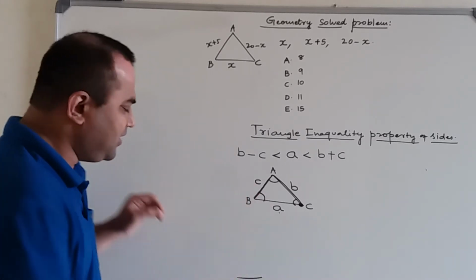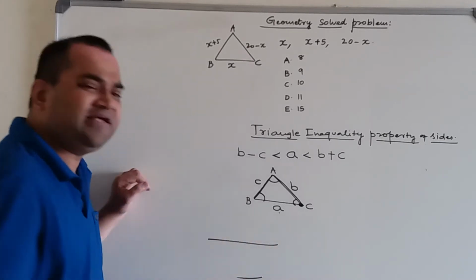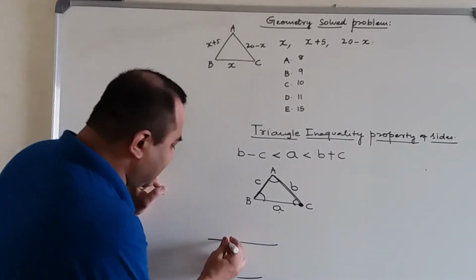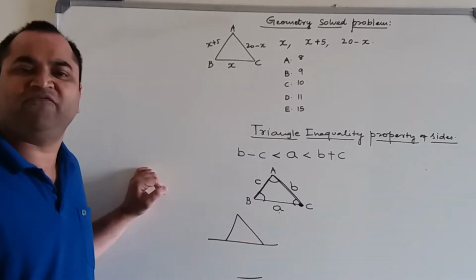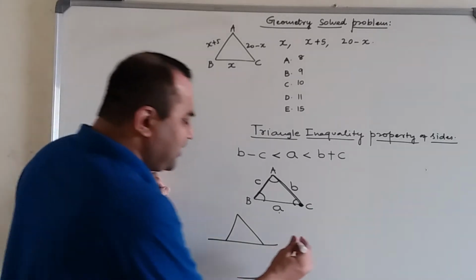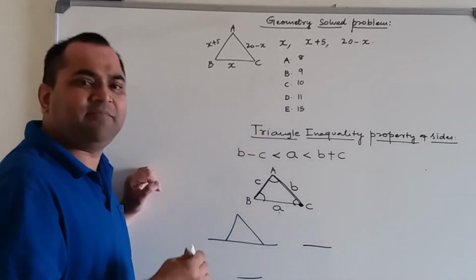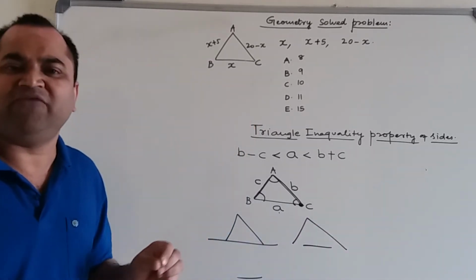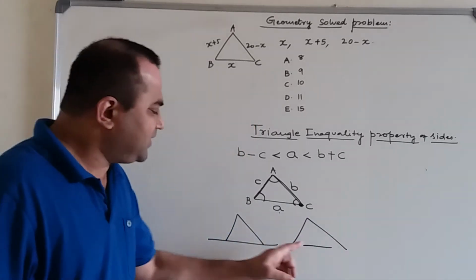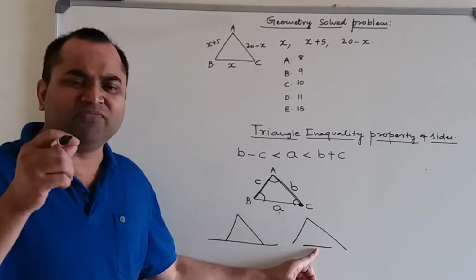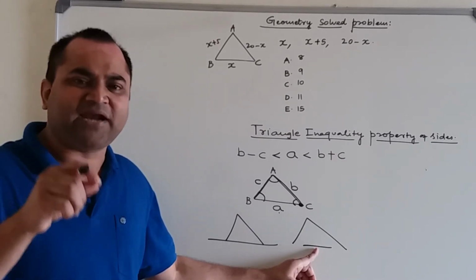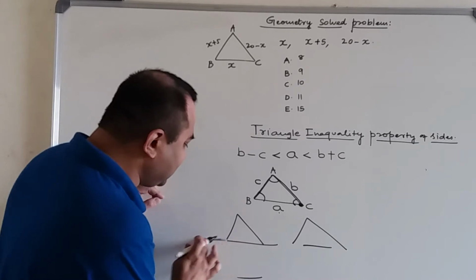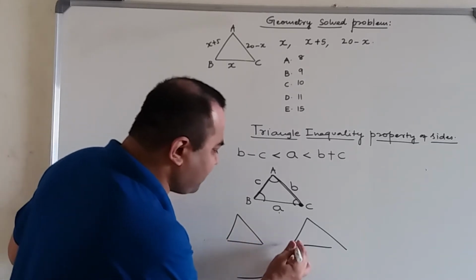For example, if the length of a side is extremely long, then a triangle will not be properly formed. Again, if the length of a side is extremely short, also then a triangle will not be properly formed. Therefore, there are some conditions on the lengths of the sides in a triangle so that a triangle is really properly formed.